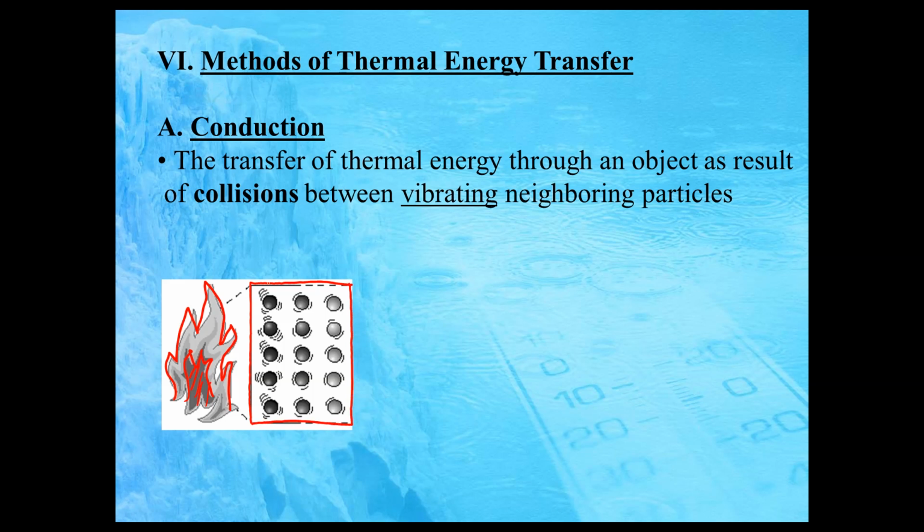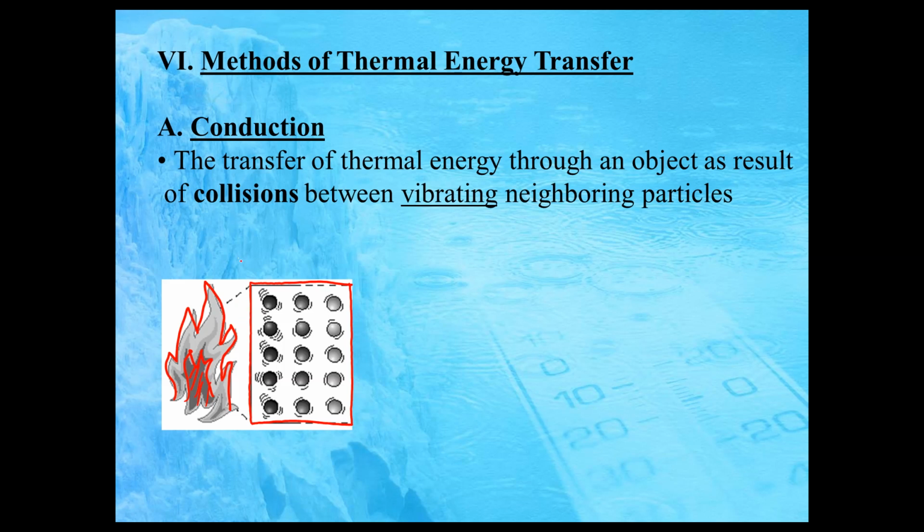Inside the solid object, we're showing some of the particles that make up the solid. Now, the particles on the end of the material closest to the heat source are going to absorb some of the thermal energy from that flame.